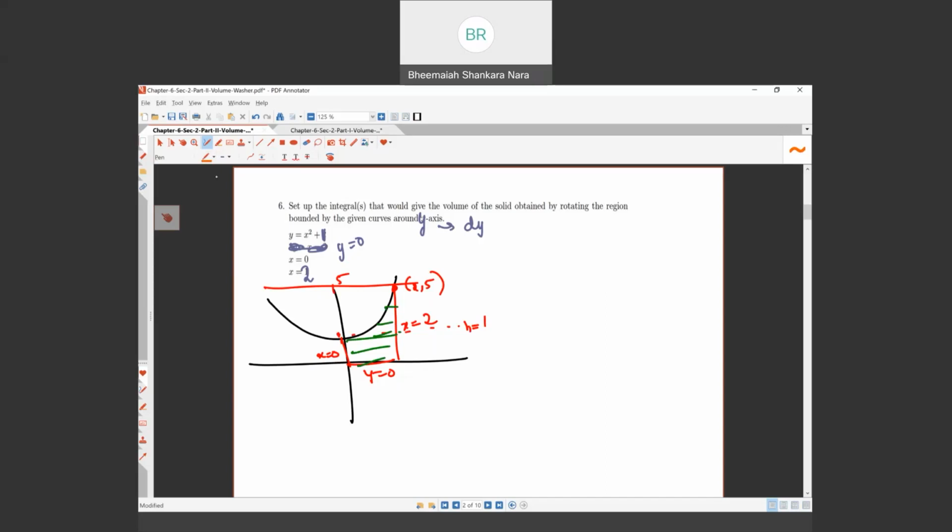Now let's calculate this point of intersection, which is similar to our previous calculation. So when you plug in x equal to 2, in this function x square plus 1, all you get is y value 5. That is this point here.